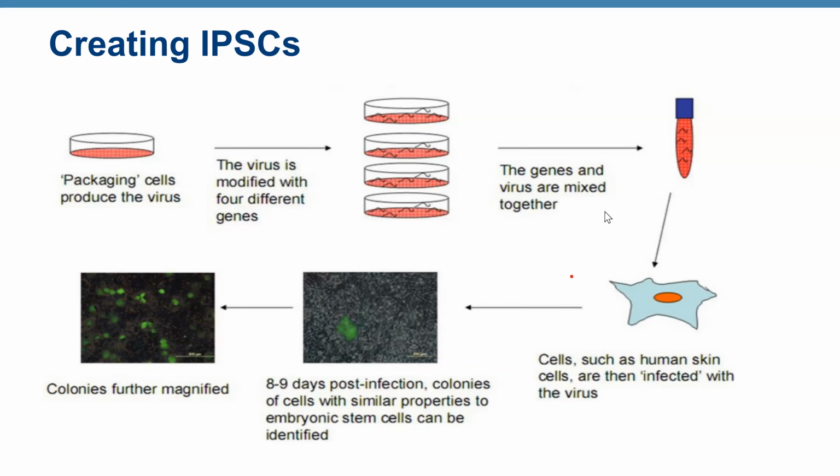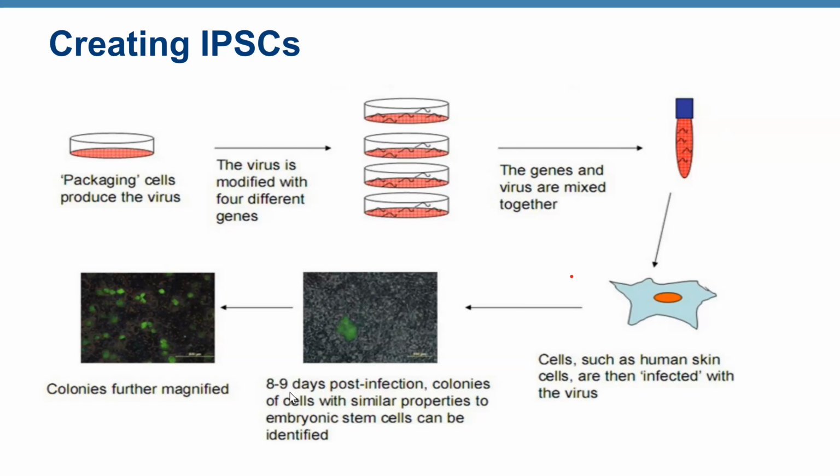The genes and the virus then mix together, and then cells such as human skin cells are infected with this virus. The virus will carry these 4 genes that we need, and it will insert those genes into human DNA.